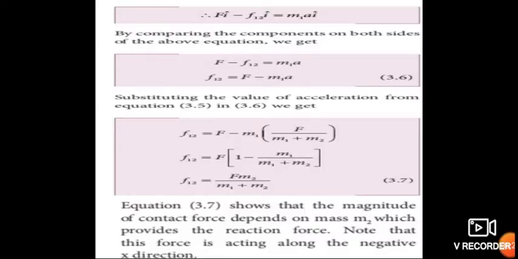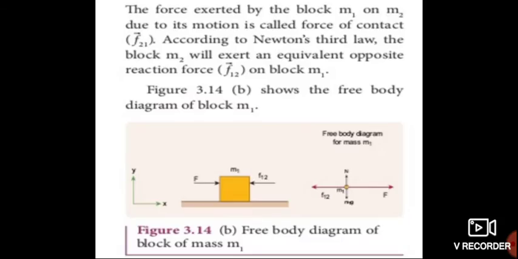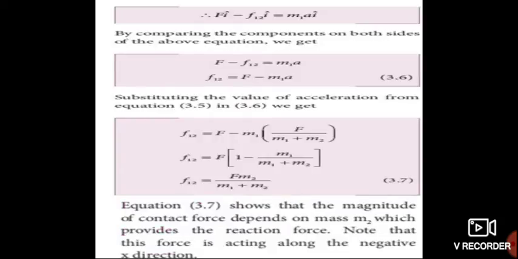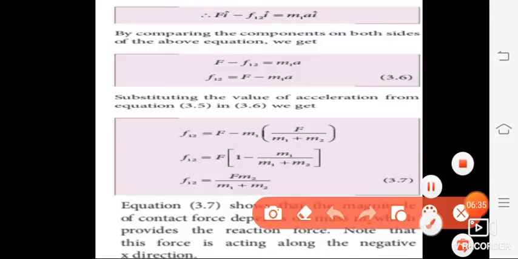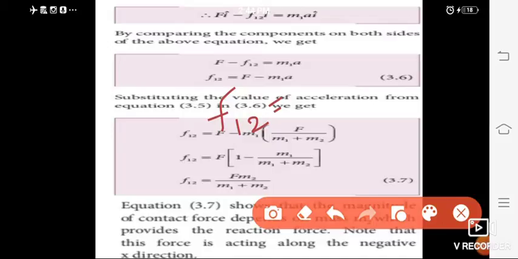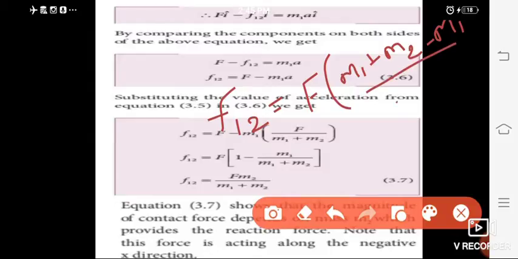In the next step, F12 is equal to F into, cross multiplication, m1 plus m2 minus m1 divided by m1 plus m2.